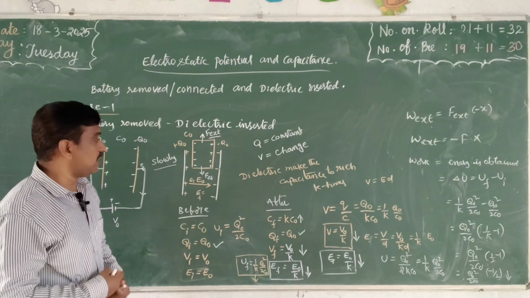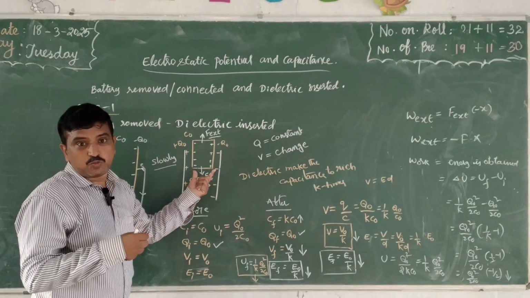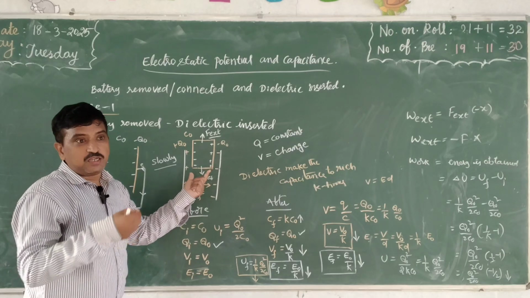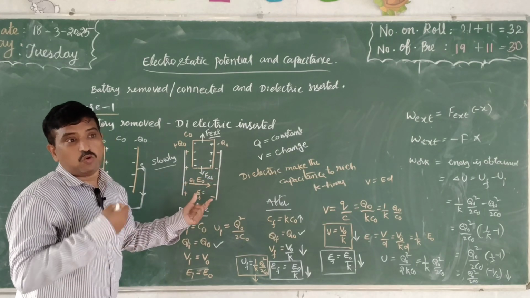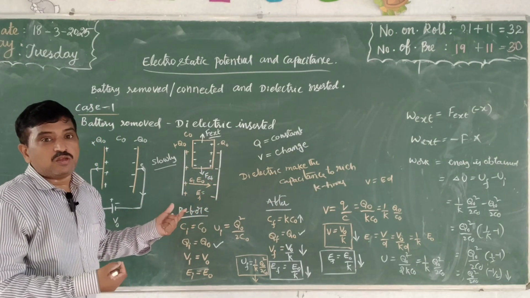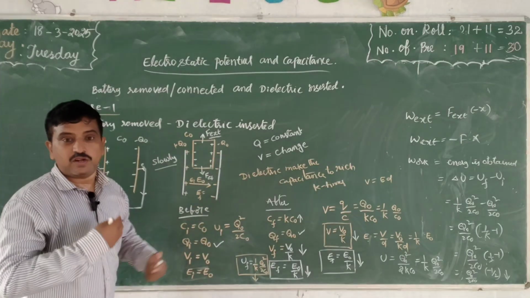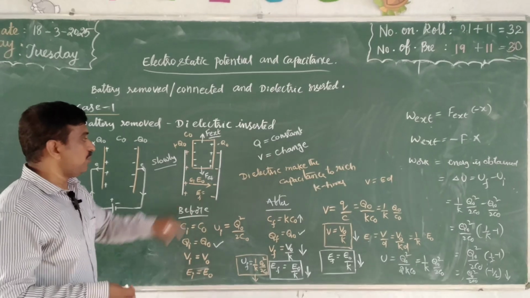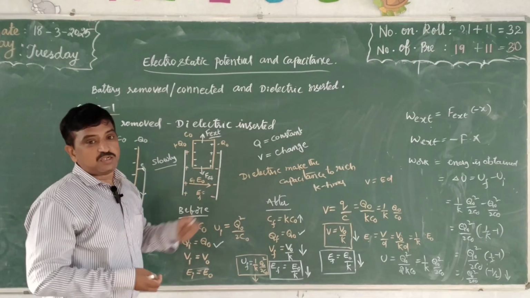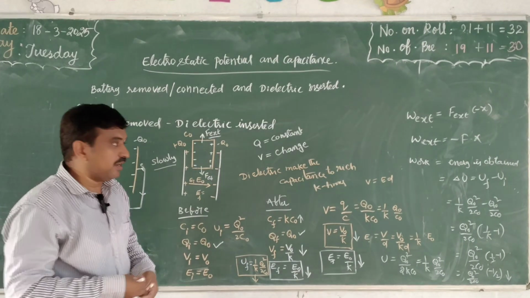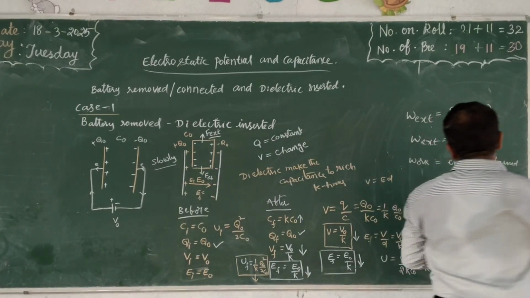In that case we are doing some external work, and we get the energy. Initially it has potential energy. While inserting the dielectric, some energy is lost. That energy is obtained by us because we are doing some external work on the dielectric. So however much the energy decreases, that much energy is obtained. Here a negative work means energy is obtained.